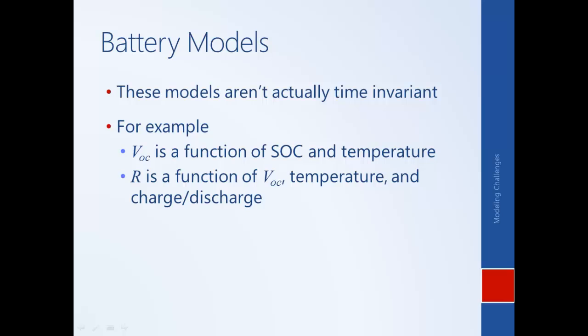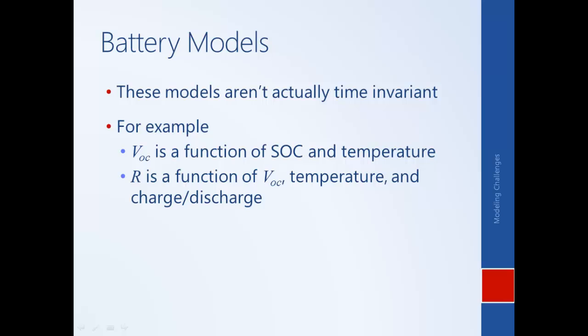For example, it's been shown experimentally that the voltage of the battery, the open circuit voltage of the battery, is a function of state of charge and temperature. So SOC means state of charge, and it represents how charged the battery is. Has it been completely depleted, or is it fully charged?